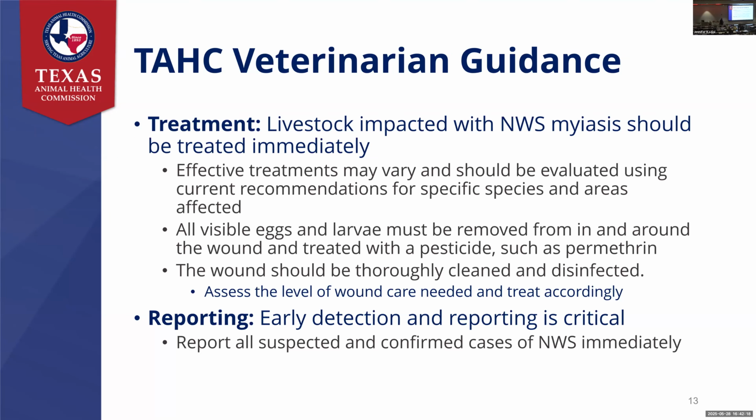Like I mentioned, early detection and reporting is critical because we do not have sterile flies to distribute. It's going to be important that our Texas Parks and Wildlife folks, and we'll talk more about what we've been doing with them in a minute, dispatch affected animals and that those wounds are treated or tended to.